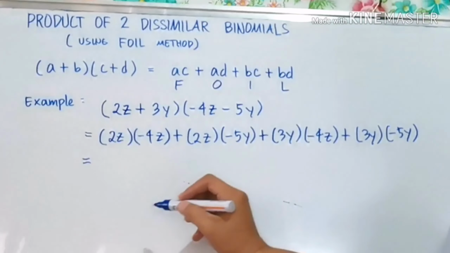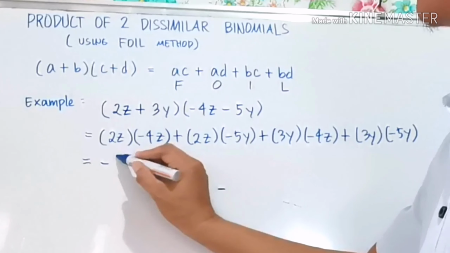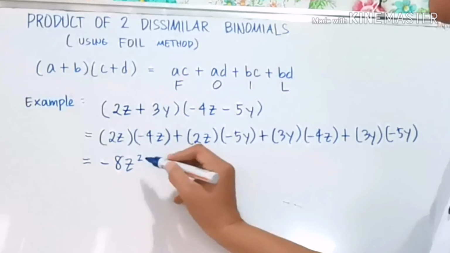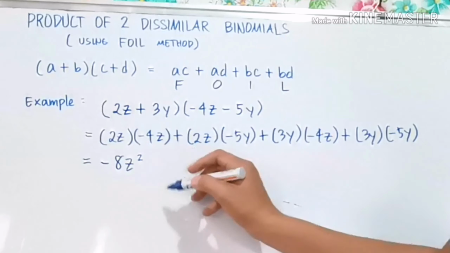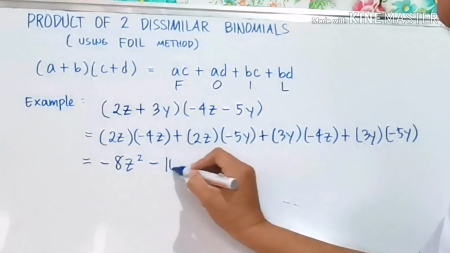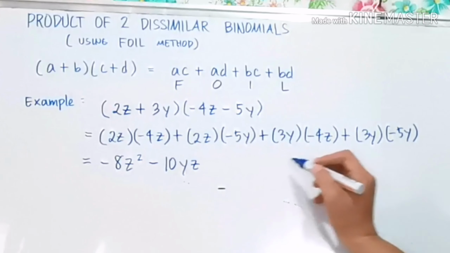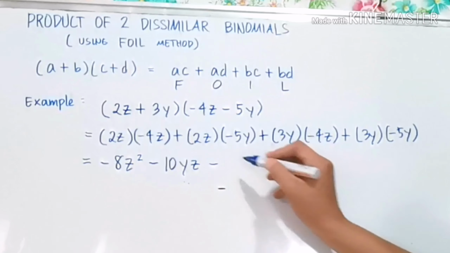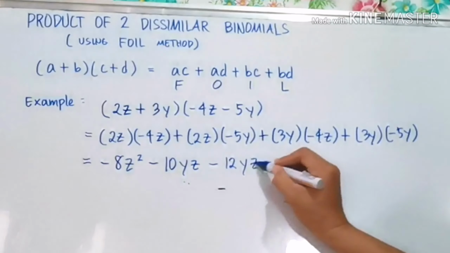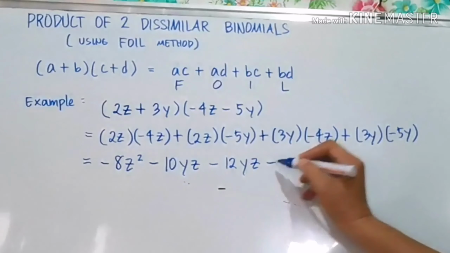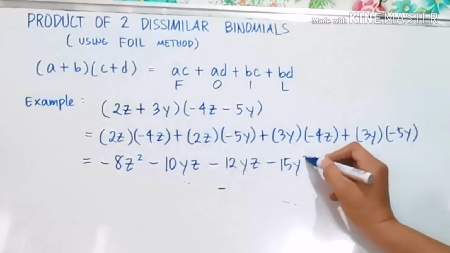So let's simplify. We have negative 8z squared. Let us simplify the signs. Negative 10yz, then minus 12yz, then minus, since it is unlike signs, 15y squared.